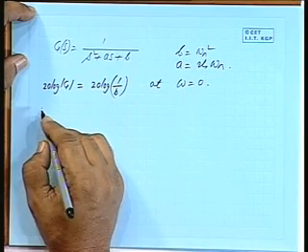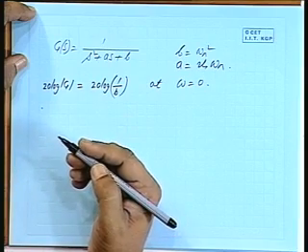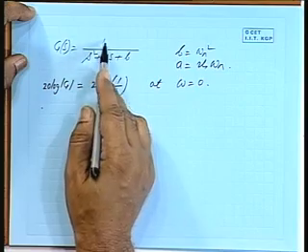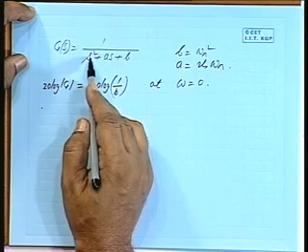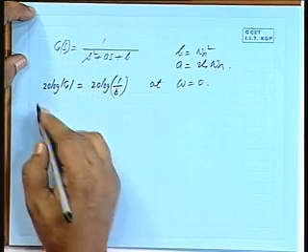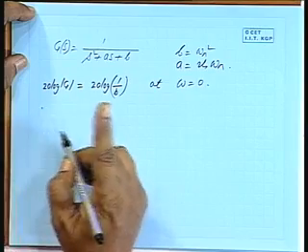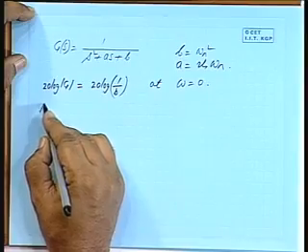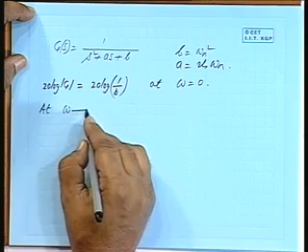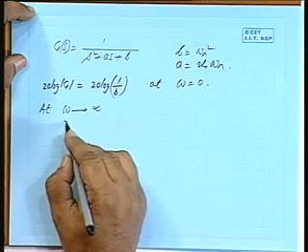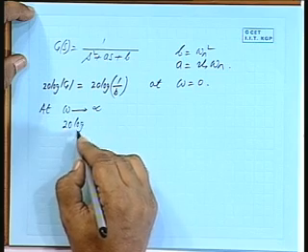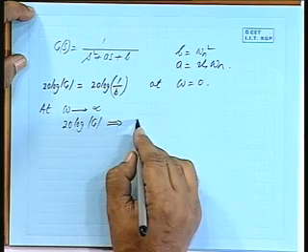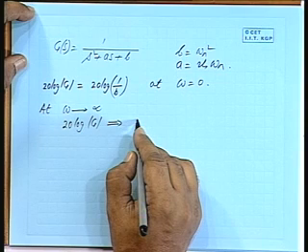At omega very high, omega tending to infinity, it will be 1 by s squared, 1 by omega squared. So, at omega tending to infinity, 20 log of g will be tending to what?